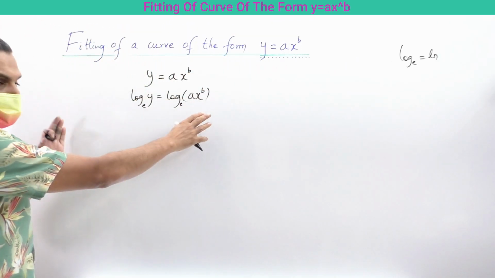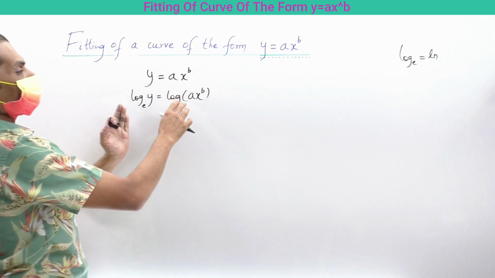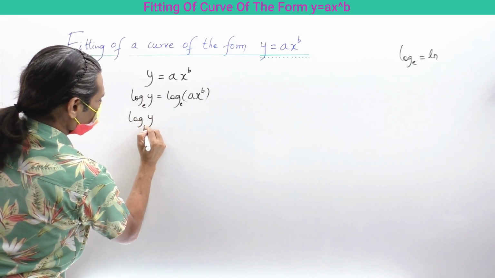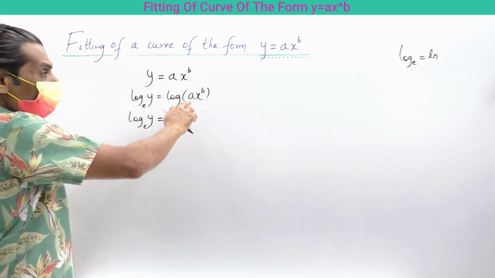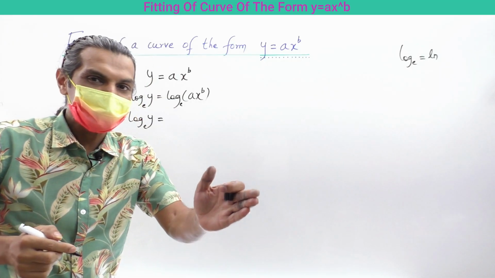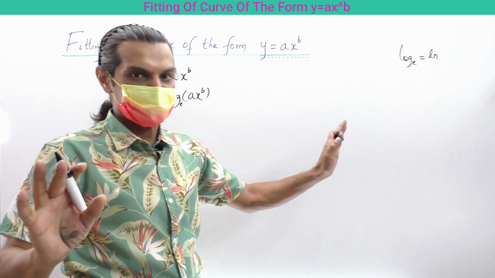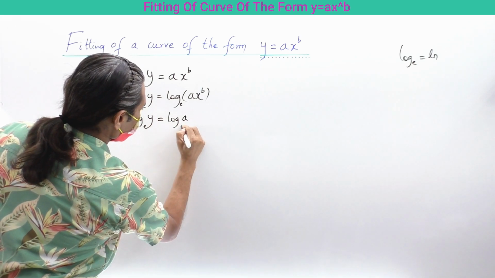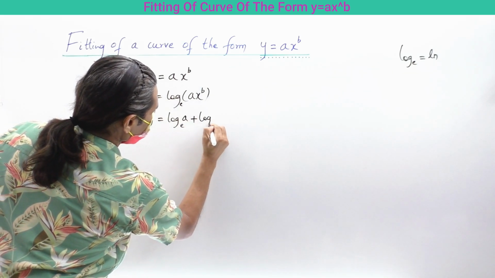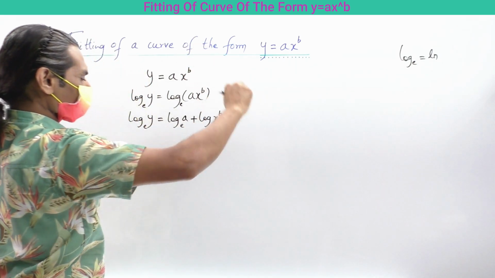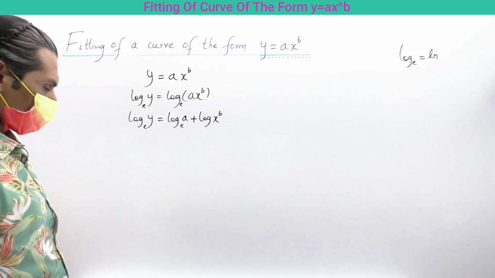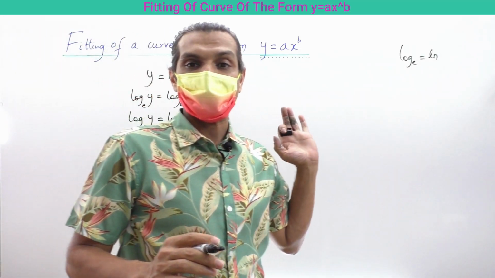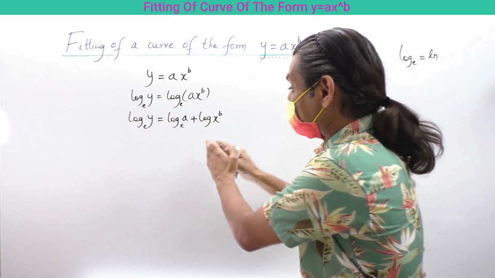So, apply log on both sides. Log y equals log of a into x^b. Now, again we have log y to the base e equals, what is log of a into b? Log a plus log b, a simple basic knowledge. So, we have log a to the base e plus log of x raised to b to the base e. Now, there is one more property of logarithm, that log of a raised to k is k log a.